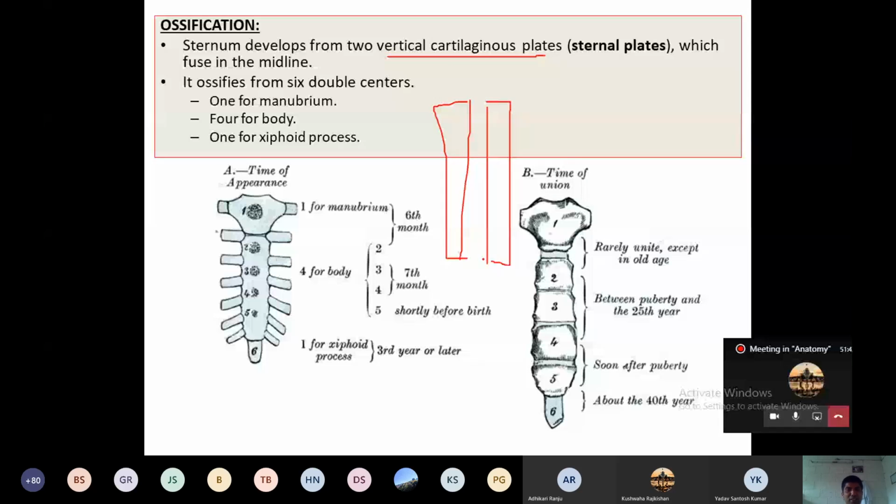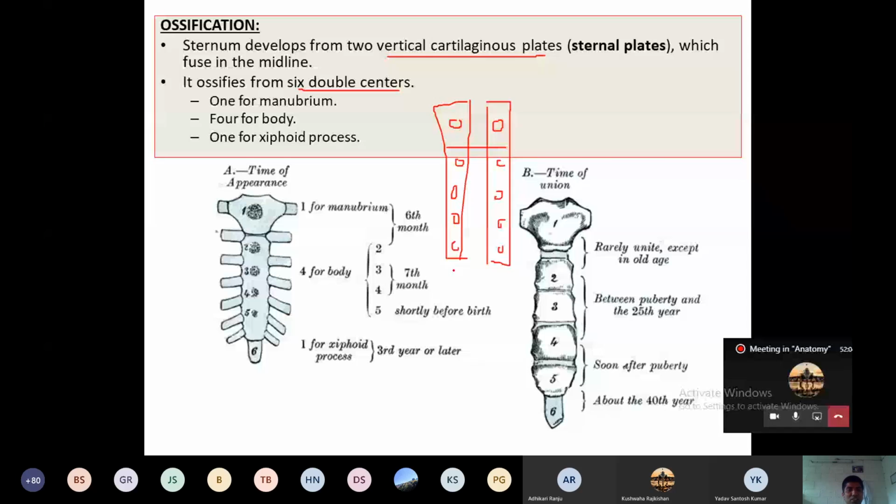In the beginning, the sternum ossifies from 6 double centers. Here there will be one double center for the manubrium, and here you can see 4 double centers for the body of the sternum, and similarly here you can see a center for the xiphoid process.